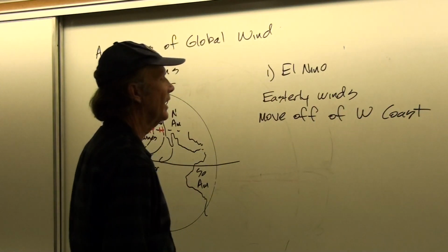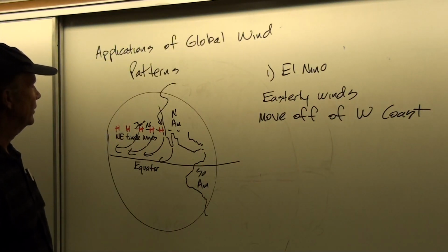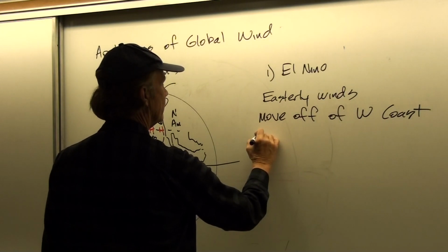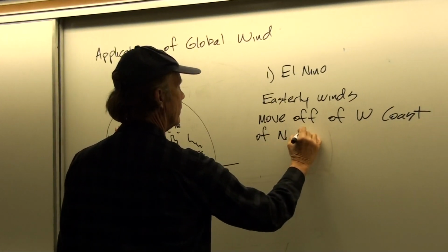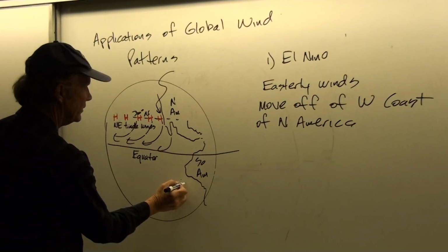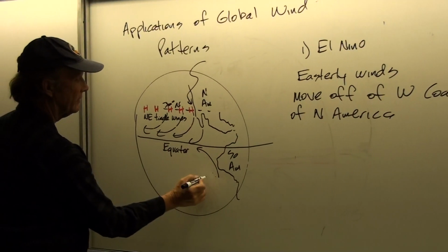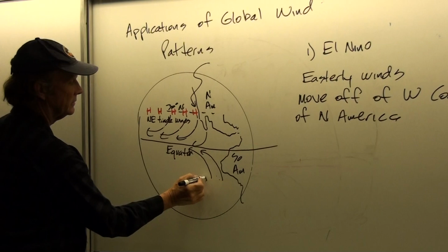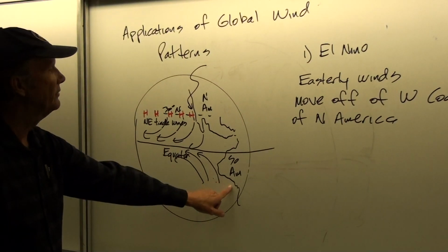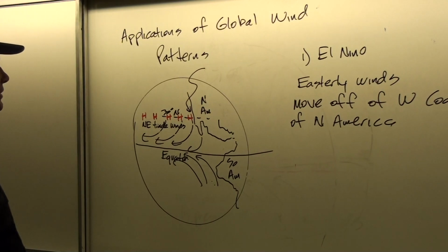So this moves off the west coast of North America. And in the southern hemisphere, it moves off in the same direction off of the west coast of South America.